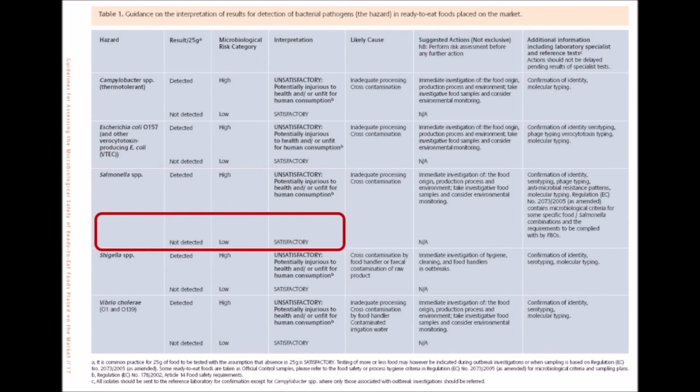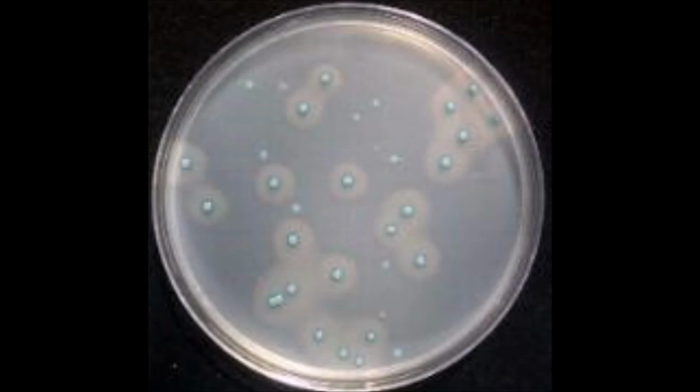Non-detection or absence of the organism in 25 gram of the food sample means the result is satisfactory and the food is fit for human consumption. Under certain circumstances, Listeria monocytogenes detection is carried out in 25 gram food sample by enrichment, for high-risk foods capable of supporting the growth of Listeria monocytogenes, such as some soft ripened cheeses, sliced meats, smoked fish, and pâtés.